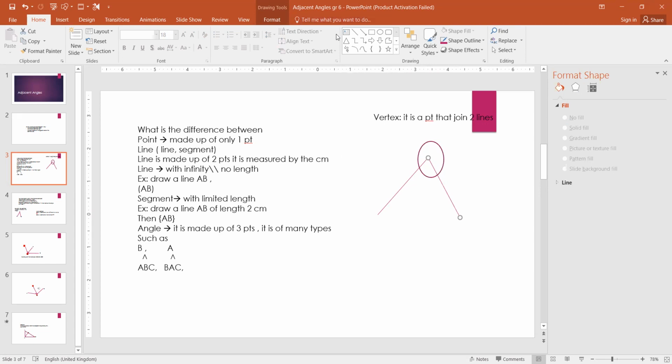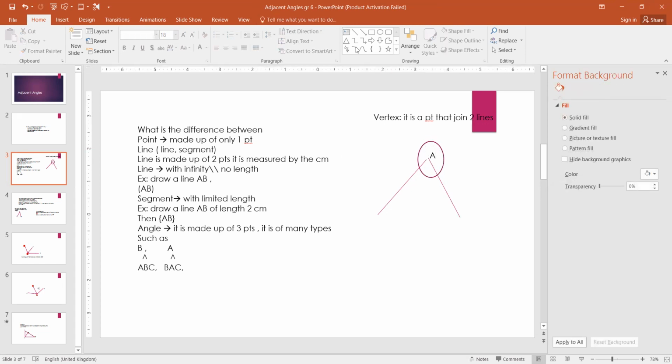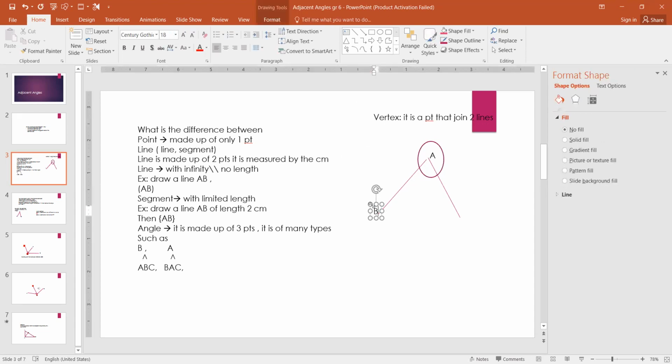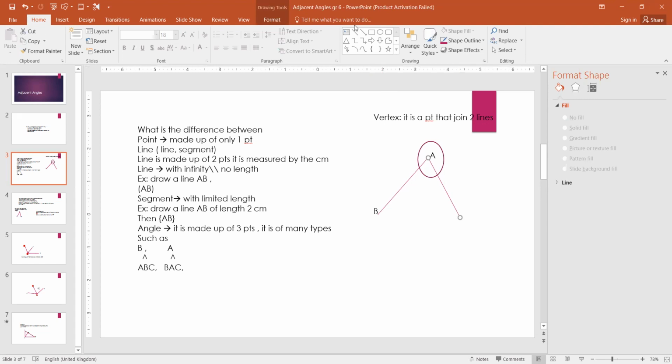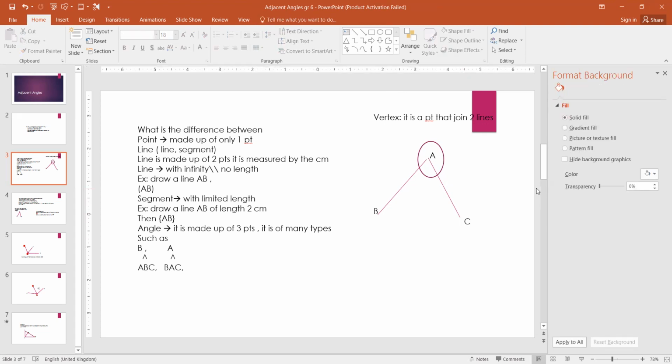Let's label it. This is point A here. This is point B, and here it is point C. Don't worry, with practice you might understand it in case you didn't understand anything.